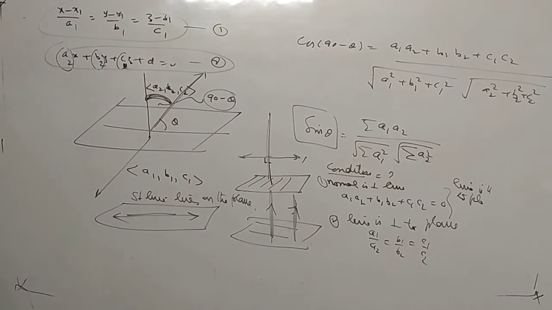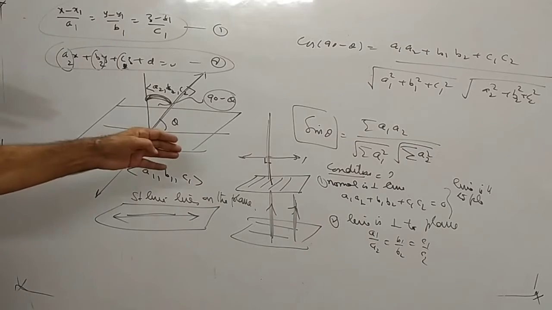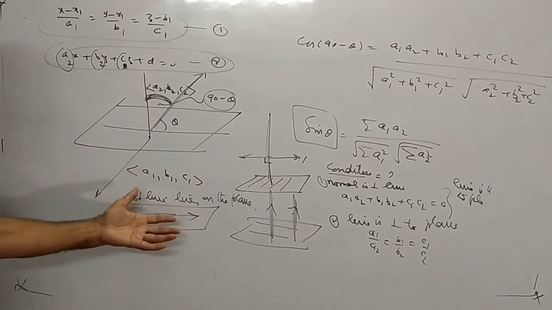What is the condition that the line is lying on the plane? I said parallel, I said perpendicular, but here it is completely lying on this.